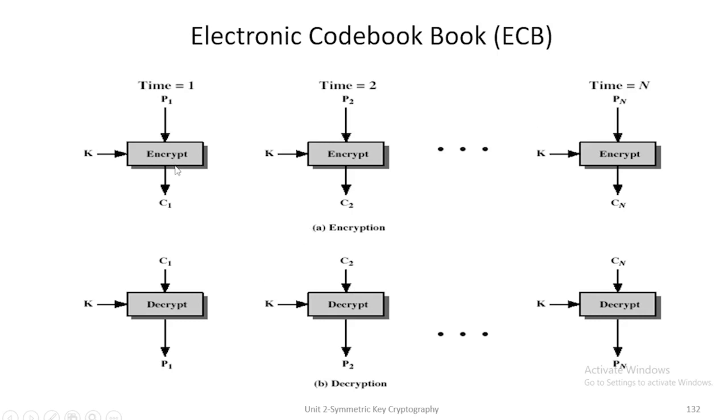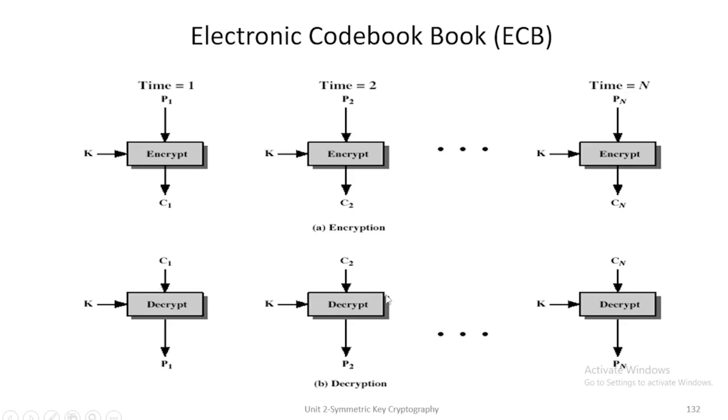You can implement the encryption of all these blocks independently, or in parallel. That is the advantage of electronic codebook. At the decryption side, the same key is used.